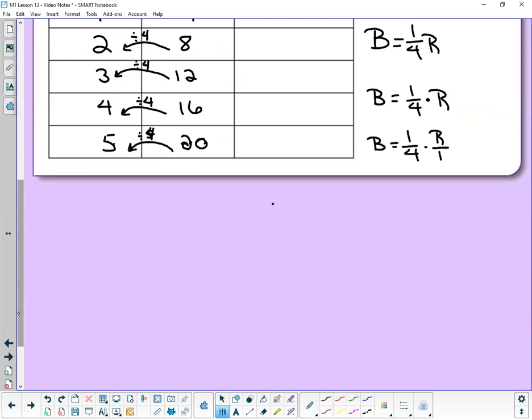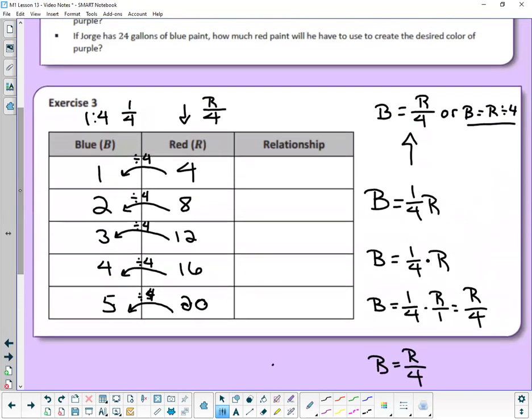So now look what you're left with. 1 times R, R. 4 times 1, 4. And then we're right back to where we started. Just like that. There's a lot I just threw at you.